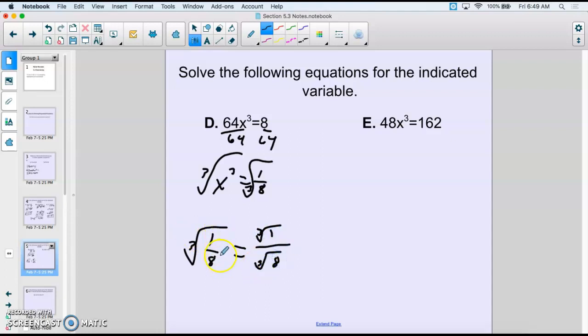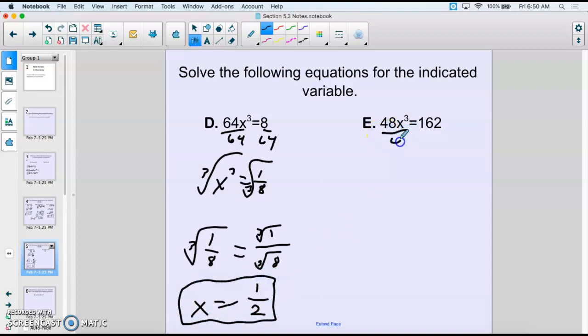You can split it up, top and bottom. These are the same exact thing. Oftentimes this is easier to work with. The cube root of 1: what times itself 3 times equals 1? 1, obviously. Now, what times itself 3 times equals 8? You can do this on your calculator. It's just a good math fact to start to memorize that the cube root of 8 is 2. And so the cube root of 1/8 is 1/2.